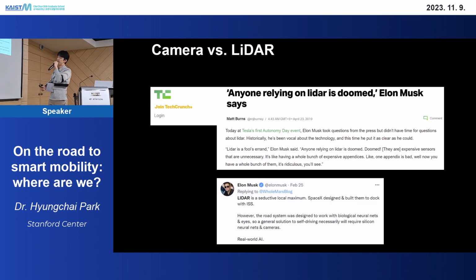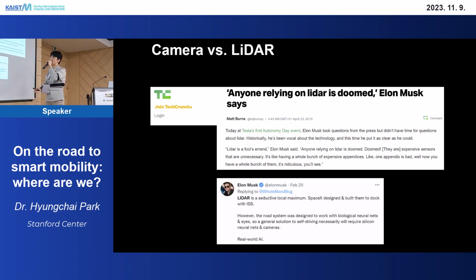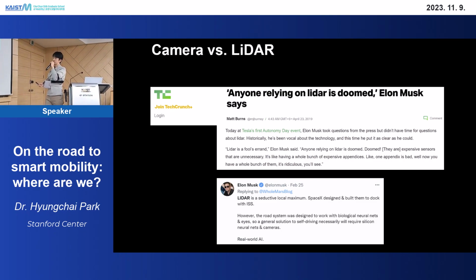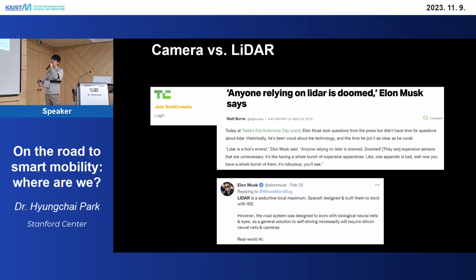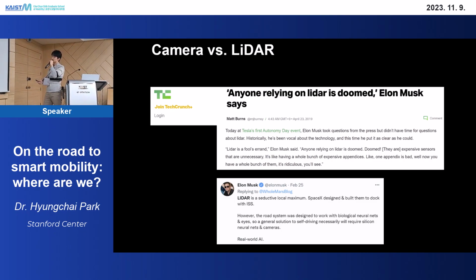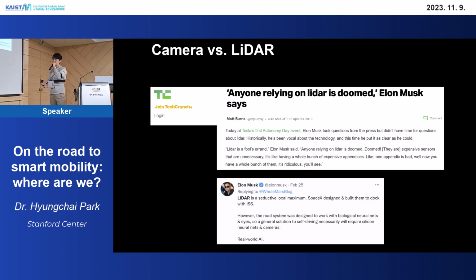And the other group, most of the other companies, insist that no, we need additional sensors like LiDAR or radar. So in 2019, only one company, Tesla, and Elon Musk said that anyone relying on LiDAR is doomed. But in that statement, he only mentioned the cost, because LiDAR was very expensive at the time.